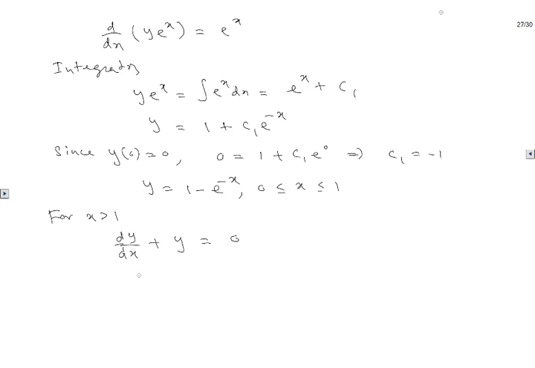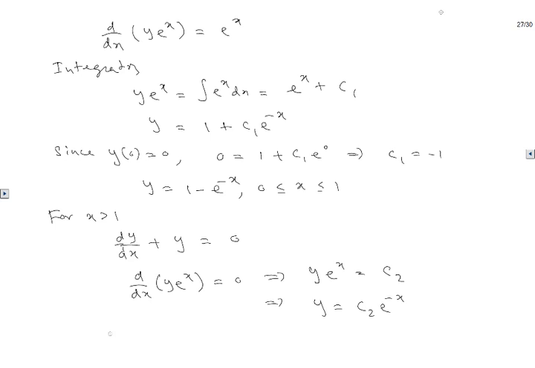It's very similar, with the same integrating factor: d over dx of y e^x is equal to 0. If you integrate, you get y e^x equal only a constant, which gives y equals c2 e to the negative x.